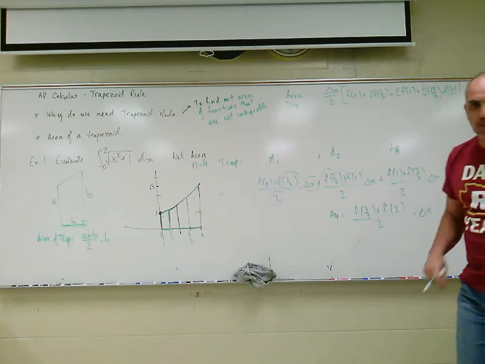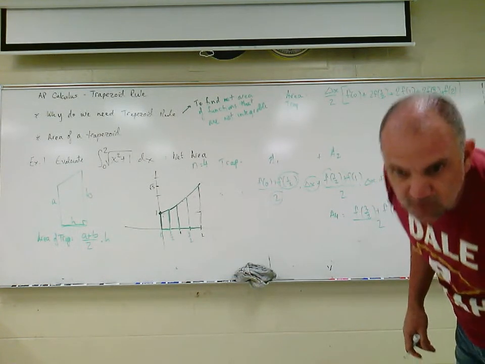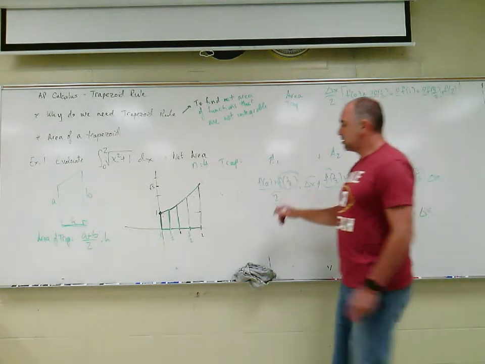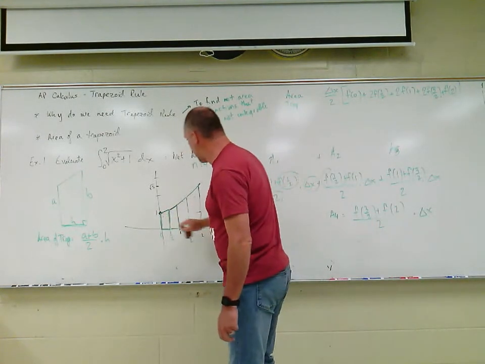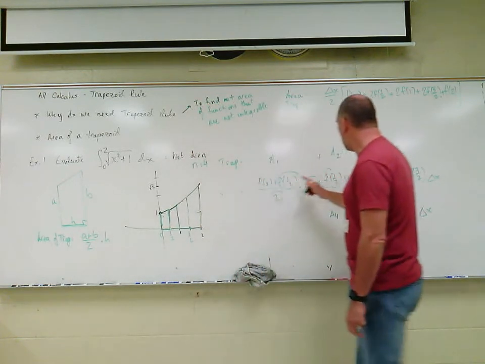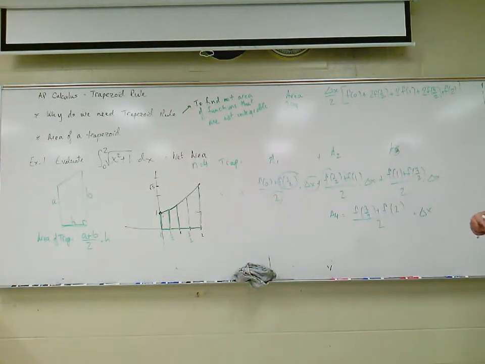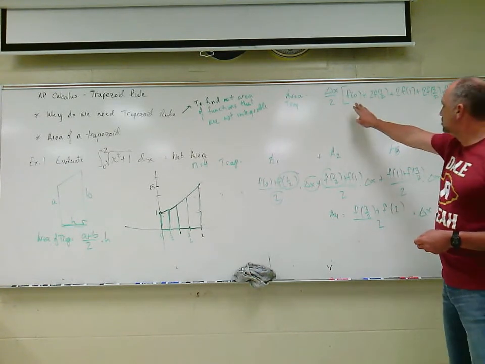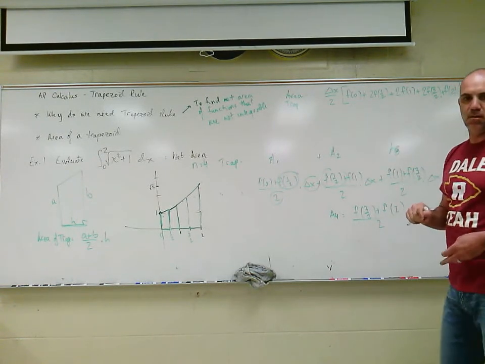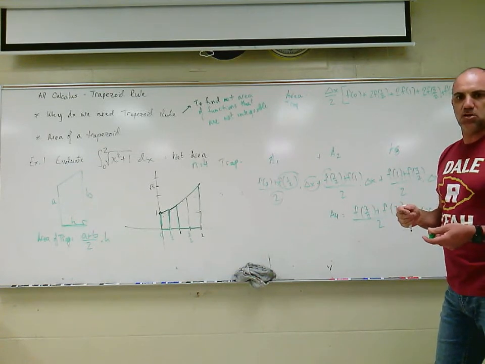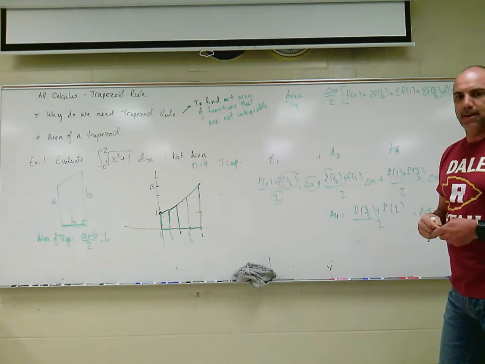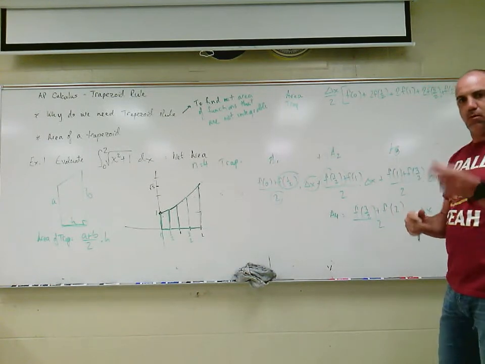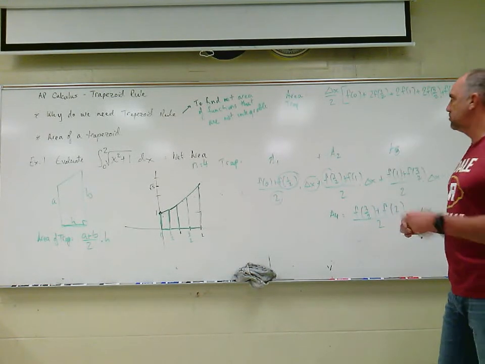Notice that other than the very left leg and the very right leg, all the other legs are added up twice. This is a quick way to do the computation and get the answer without having to find each individual trapezoid's area.